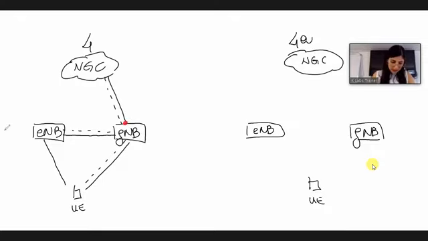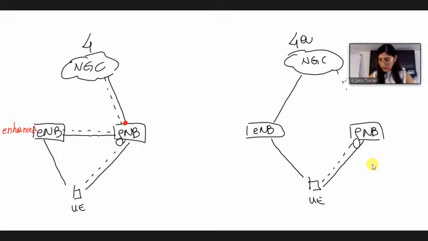And even in this case, the eNode B is the enhanced eNode B. While in option 4A, again, our user equipment can exchange both control plane and user plane with the gNode B. It can exchange only user plane with the eNode B, then both eNode B and gNode B can communicate with the core network.